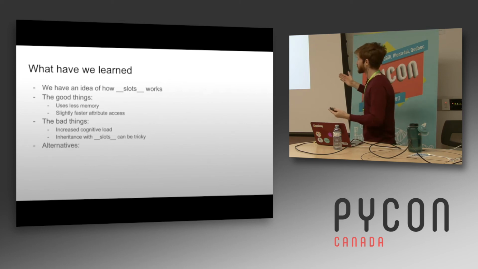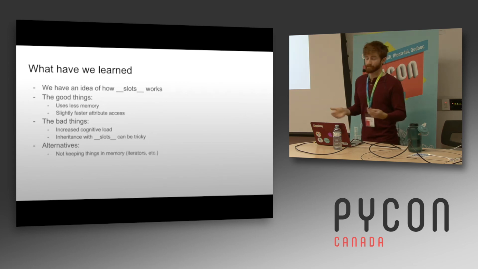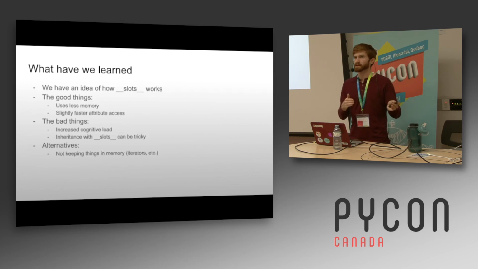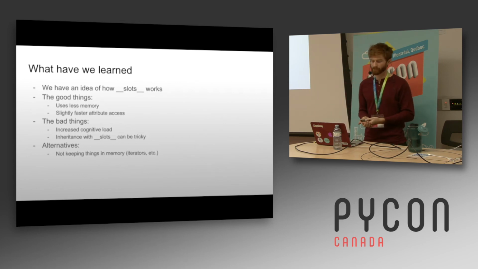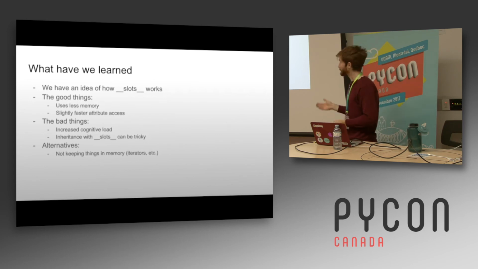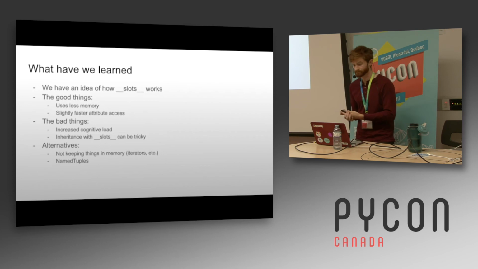And we've learned about some other things that we could reach for before reaching for DunderSlots, such as keeping things out of memory. Whenever possible, it will always be smaller to not have something in memory rather than keeping smaller things in memory. As well, named tuples can often be used in place of slotted classes.